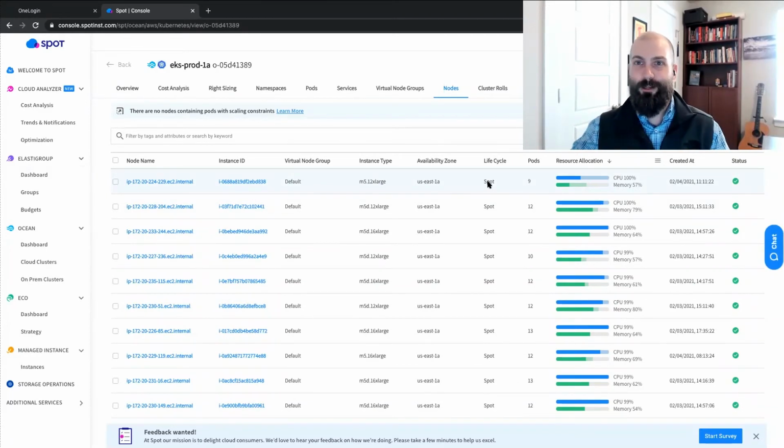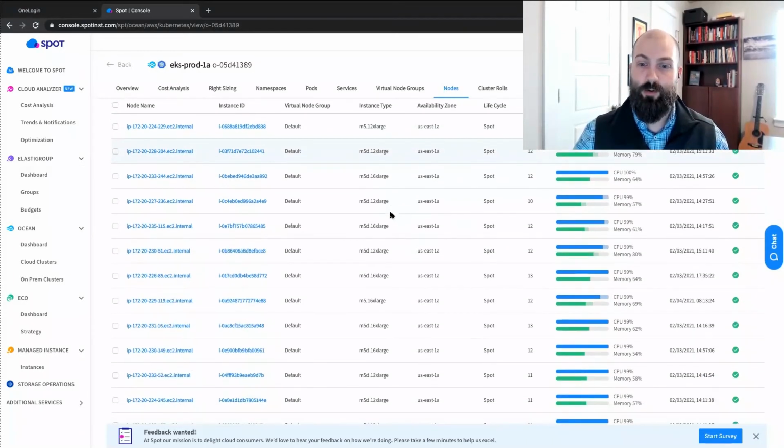So without getting too far into a false comparison here, the idea is that not only are you able to run your workloads on Spot instances, but you're also making sure those instances are being fully consumed and that you're not allocating waste into it. So that's what it looks like within our tool.